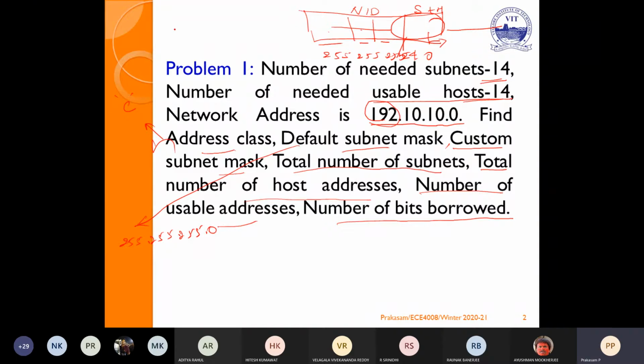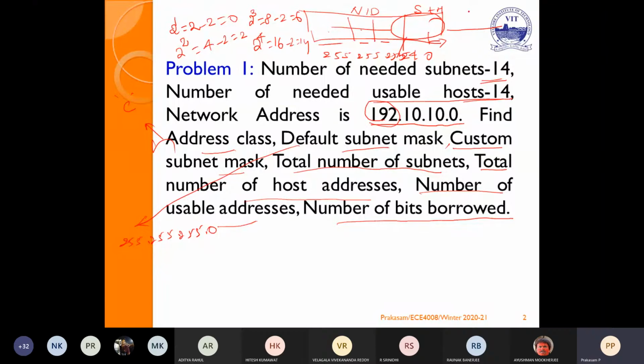So if you calculate 2 power 1, it is 2, and the number of usable hosts is 2 minus 2, which is 0. If I allocate 2 bits, 4 minus 2 is 2. If I allocate 3 bits for host, 8 minus 2 is 6. If I allocate 4 bits, 16 minus 2 is 14.